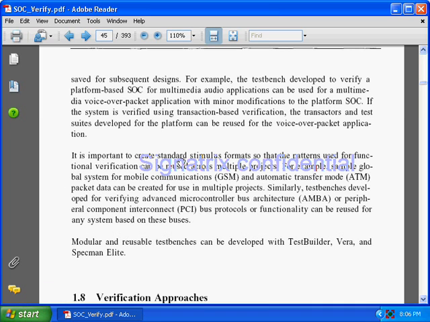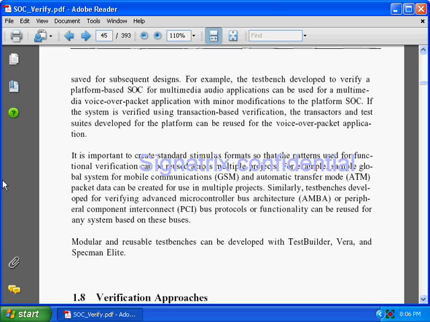It is important to create the standard stimulus format so that the pattern used for functional verification can be reused across multiple projects. So they are telling that whenever you are generating some stimulus pattern, it should be very generic so that you can reuse that thing. For example, sample global system for mobile communication, so they are talking about GSM and automatic transfer mode, that is ATM packets data can be created for use in multiple projects.